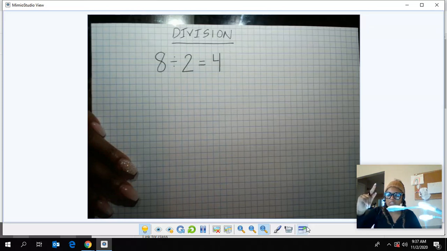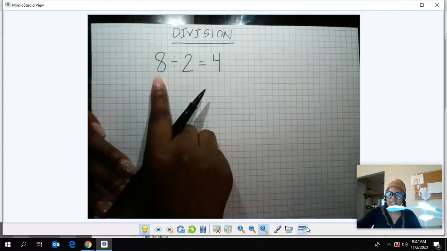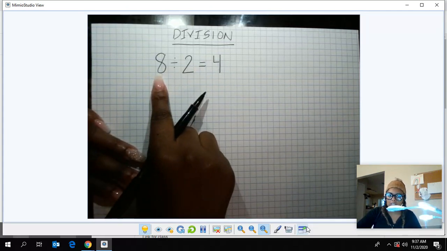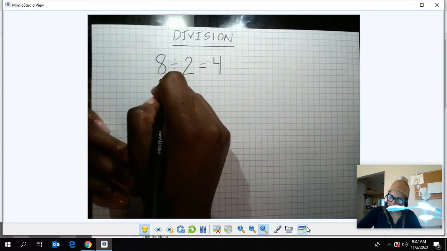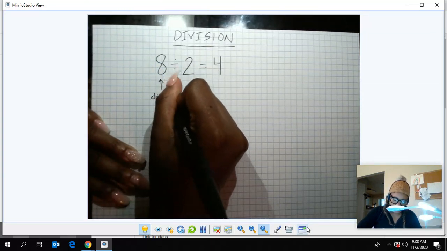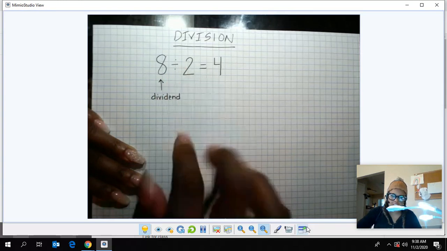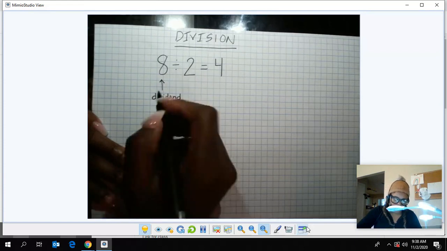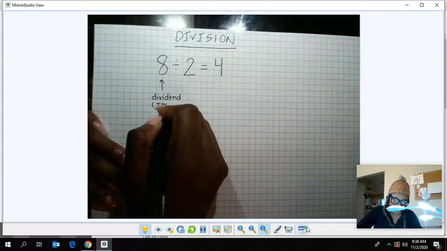Now, when we talk about division, there's a couple of things that we need to understand. What does that first number represent? I have this 8, Ms. McBride, but what does that 8 mean? 8 is called the dividend, D-I-V-I-D-E-N-D. And the dividend is also the total.